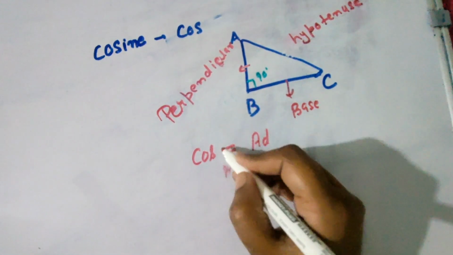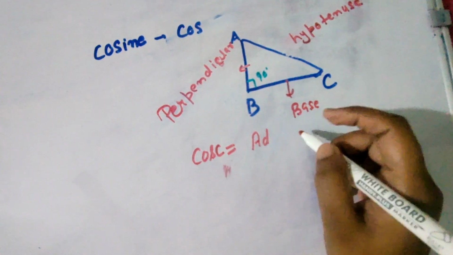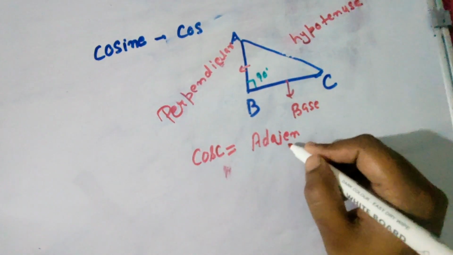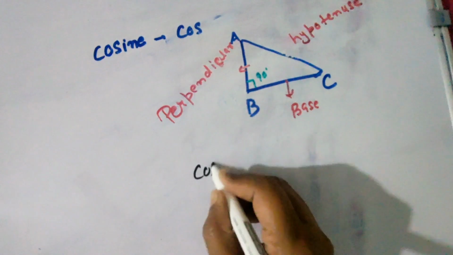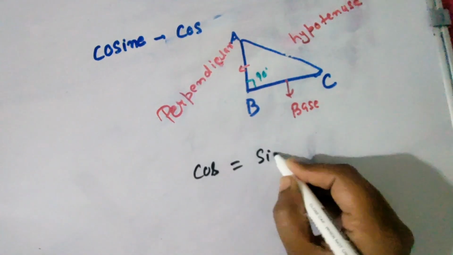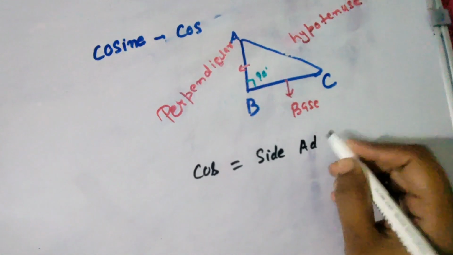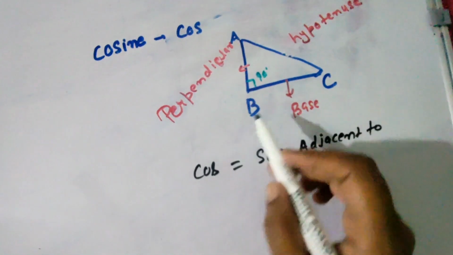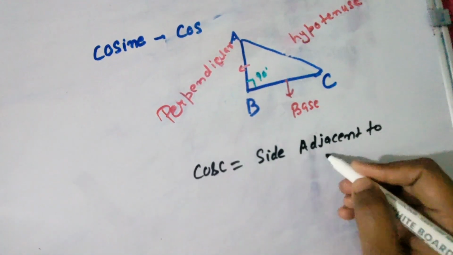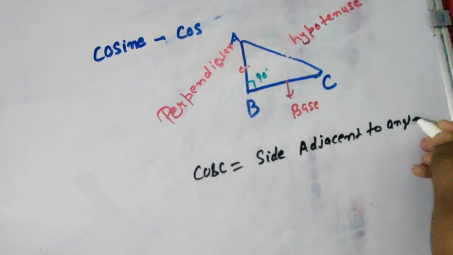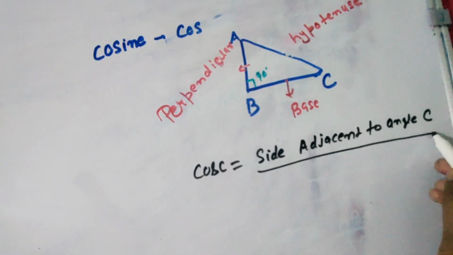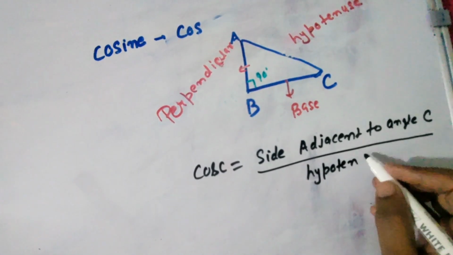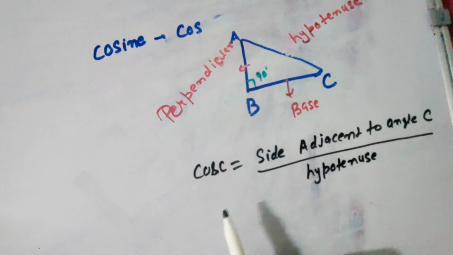If I find cos C, then the side adjacent to angle C over hypotenuse.